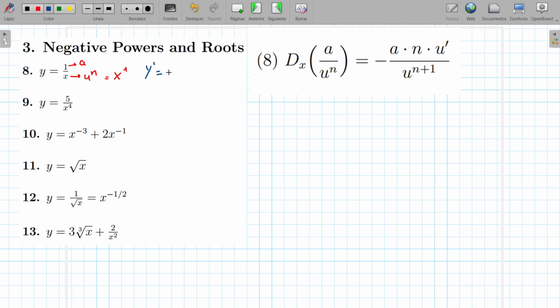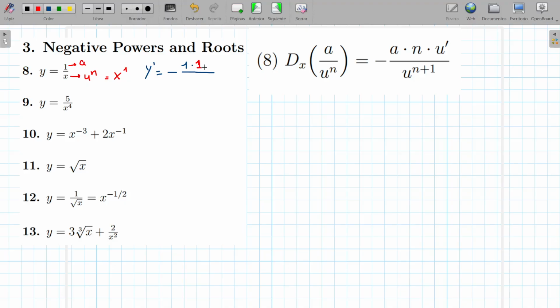We put a negative sign, so it's going to change the sign. We put a fraction. We copy the A, okay, so the A in this situation is just 1. Let me write it, 1 times. Then we got n. In this case, n is just 1 again, but I'm going to write it in red to avoid any confusion.